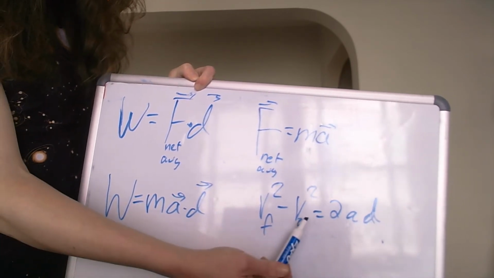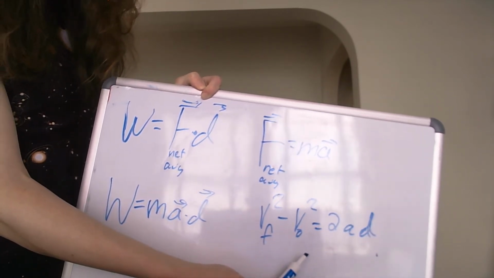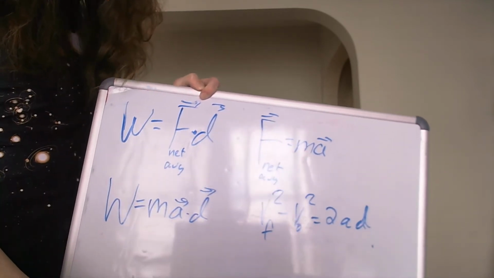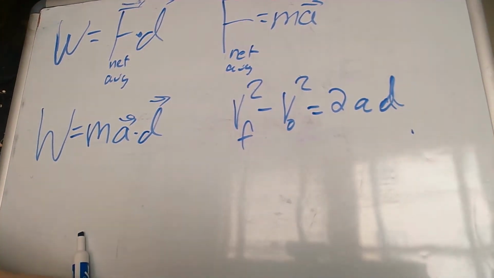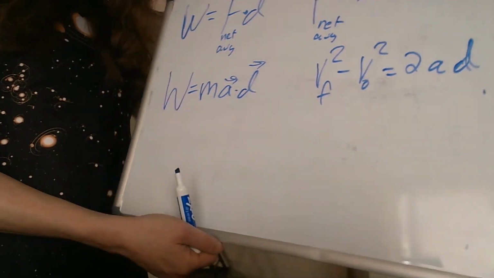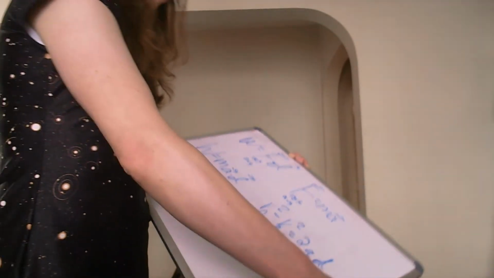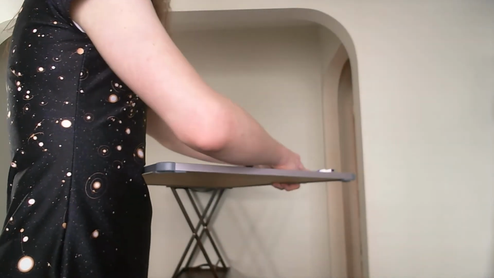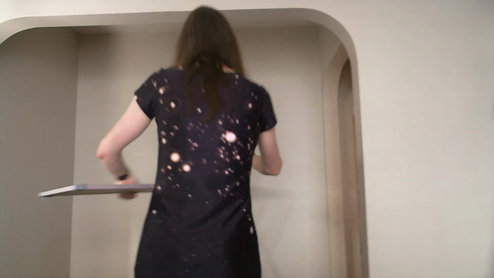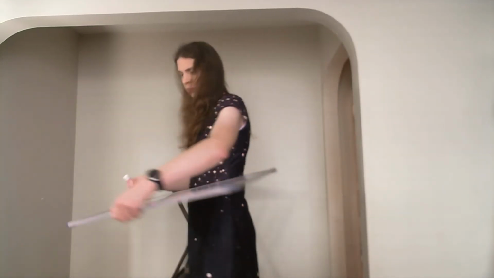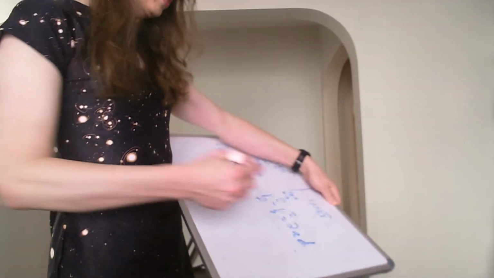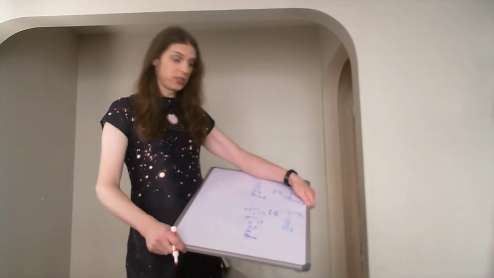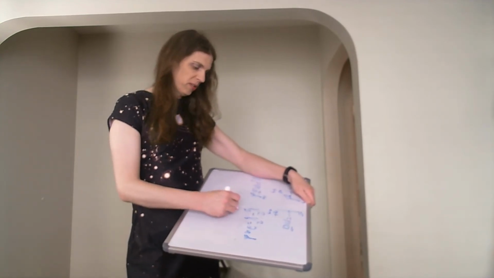Final velocity squared minus original velocity squared is twice that acceleration times that distance traveled. So we can go ahead and take that. Let's color code this a little bit. I'll solve for acceleration times distance over there.